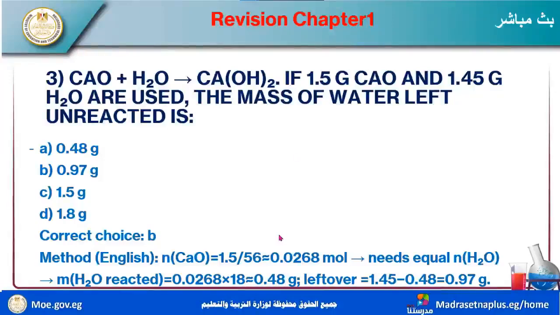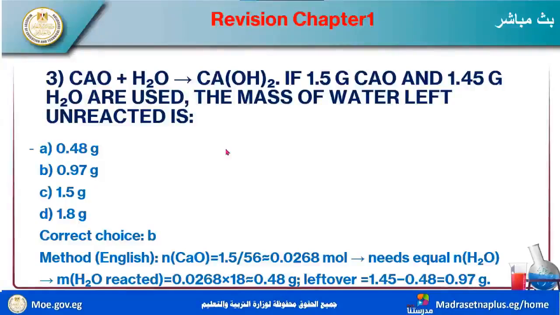When you have 1.45 grams of H2O, you need 0.48 grams. You must subtract 0.48 grams from 1.45, so the remaining is 0.97 gram. So the true answer is B.